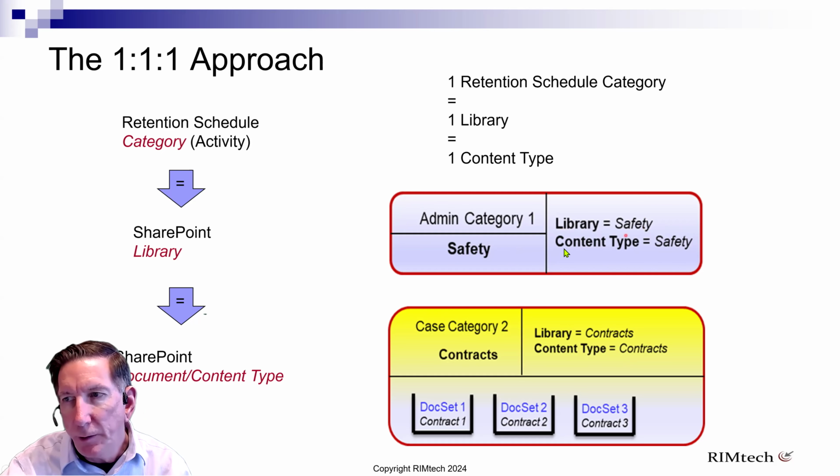The library is called safety, and so is the content type. But contracts is a case category. Same thing: the library is called contracts, the content type is called contracts, but in this library we have 1,000 containers called document sets. That's the mechanism we recommend you use in SharePoint for cases.